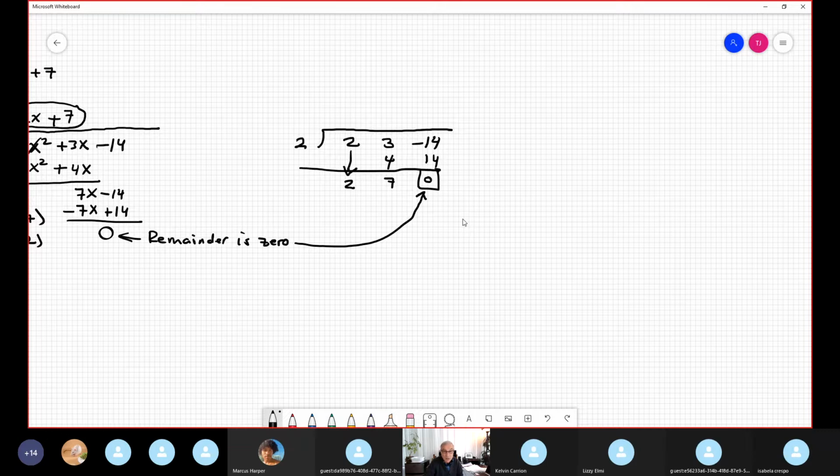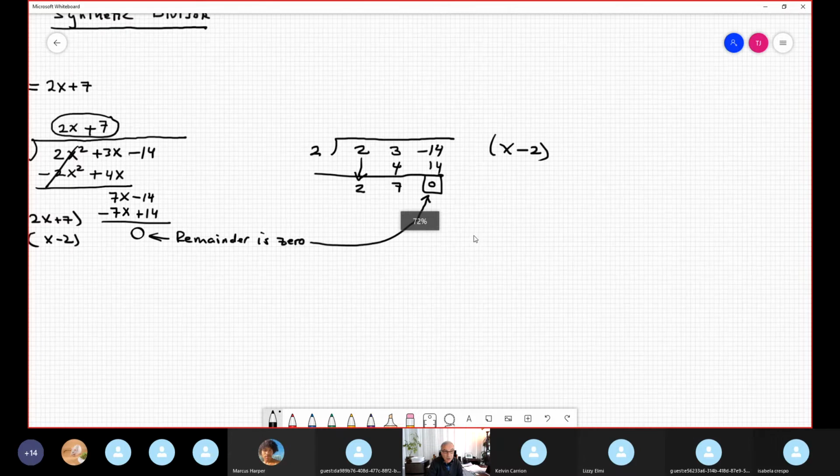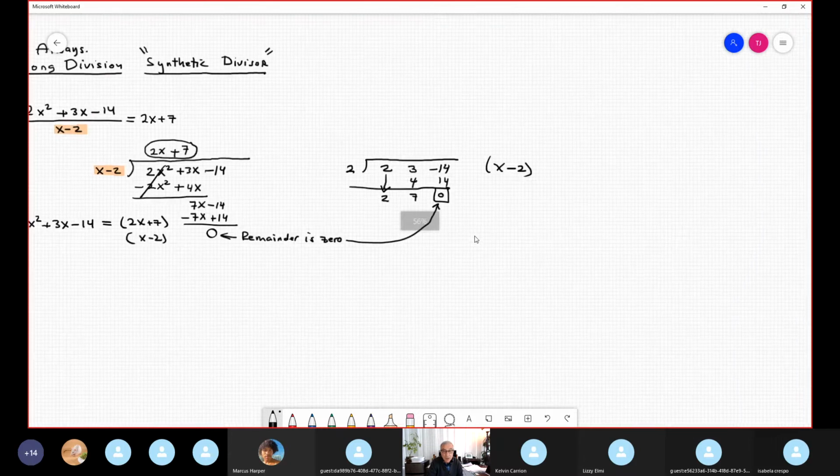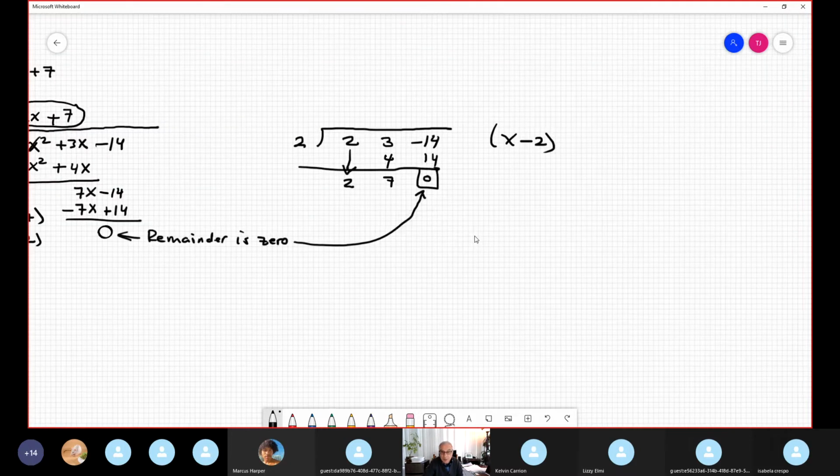Therefore, the factor x minus 2, the opposite sign of this, belongs to the polynomial. This is a factor. The zero is x equals 2, with the opposite sign.